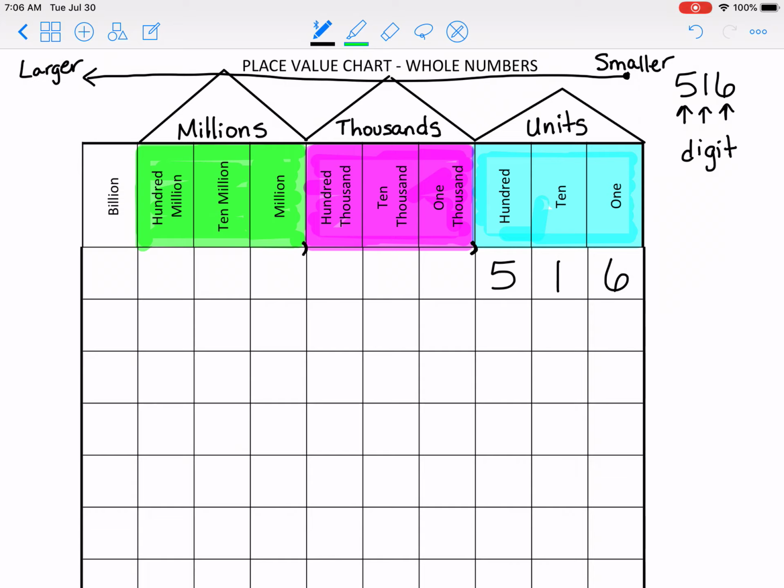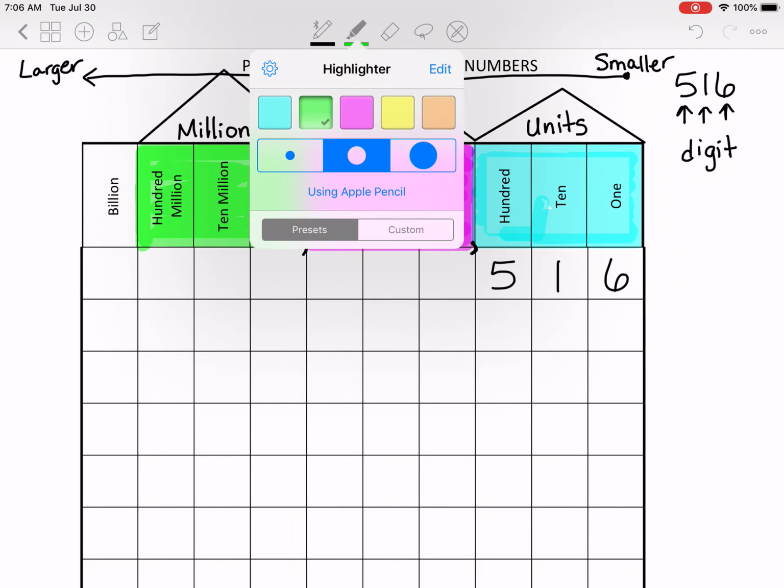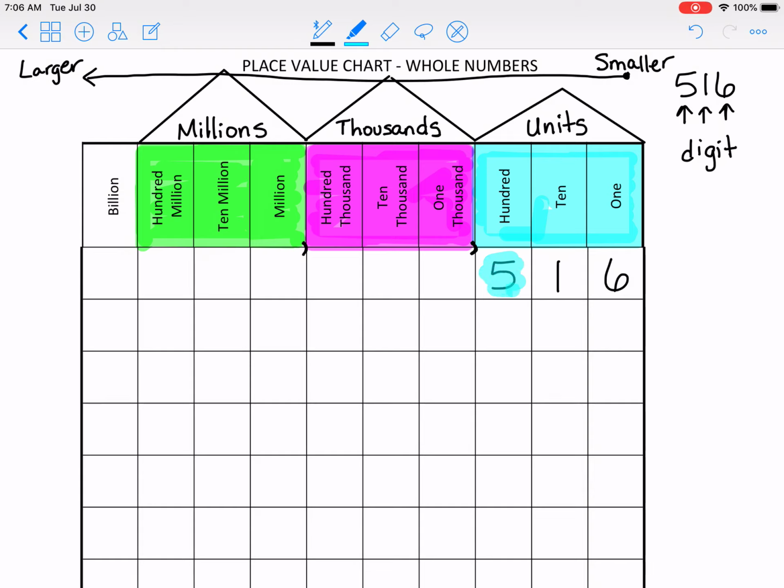So if we were to break this number into expanded form, right now we're looking at it in standard form, but if we wanted to break this number into expanded form by its values, we can see that the 5 in 516 is in the hundreds place value.